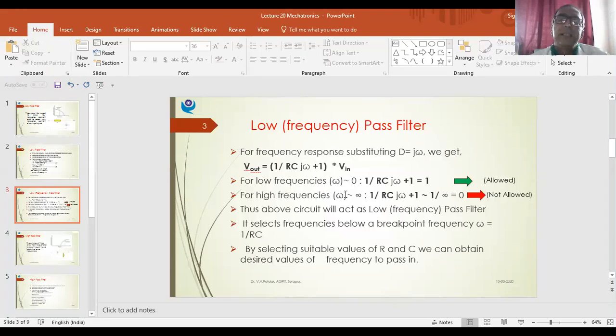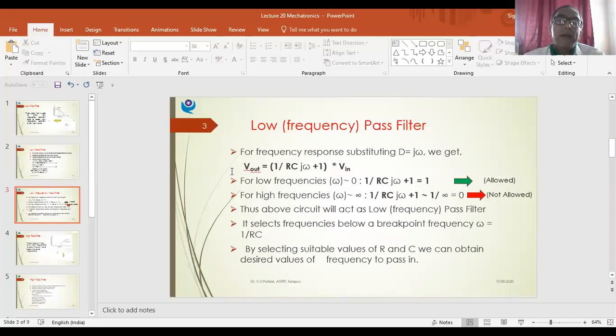So when I substitute 0 here, the denominator term becomes 0, so only 1 remains, 1 upon 1. So this multiple becomes equal to 1. So for low frequencies there will be output because the multiple of V in is 1 now. So these low frequencies are allowed.